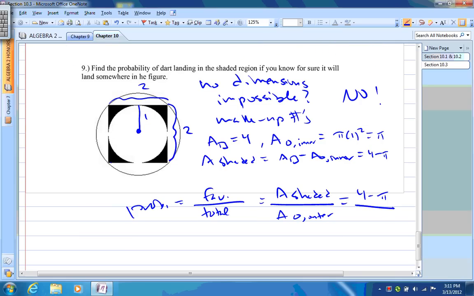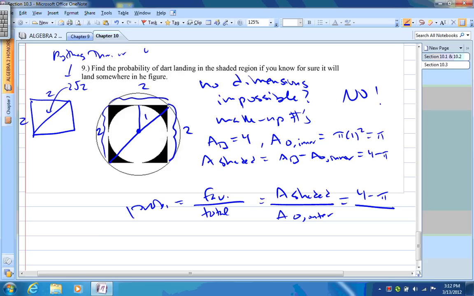Now, using a little bit of geometry, if that's 2 and 2, that has to be 2 root 2 if you use the 45, 45, 90 ratios or the Pythagorean theorem, which is just 1 to 1 to root 2.